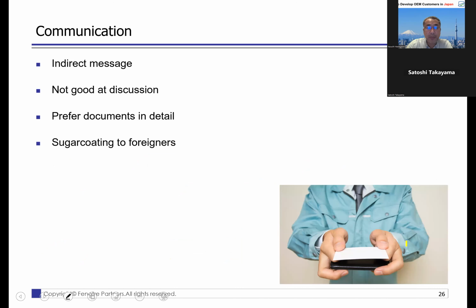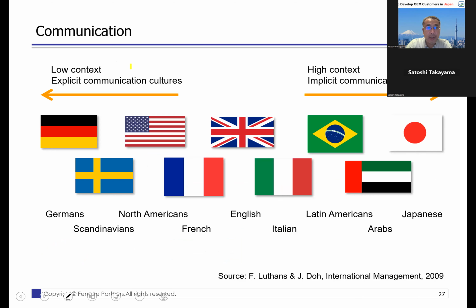For communication, the first one, indirect messaging, is an obstacle for people from North America and Europe. This is a comparison of communication styles, low context versus high context.